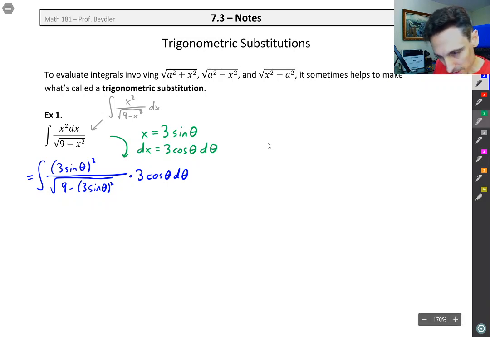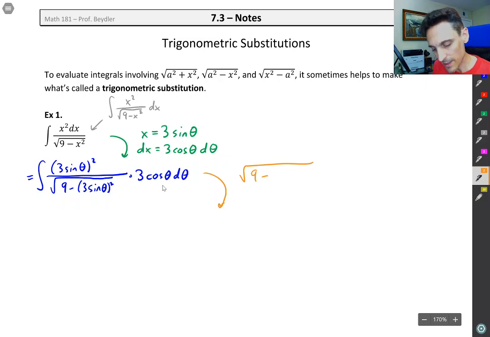So off to the side, what we're going to do is focus on that radical, the radical 9 minus quantity 3 sine theta squared. We're going to focus on trying to simplify that part. And maybe I'll do this in a different color. I'll go with orange. Alright, so we have the square root of 9 minus, I'm going to go ahead and square this 3 sine theta squared to get 9 sine squared theta.